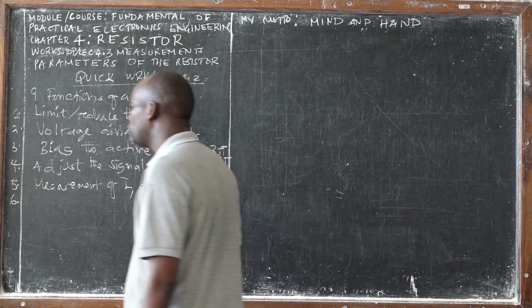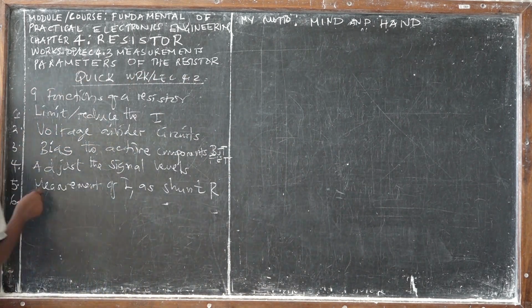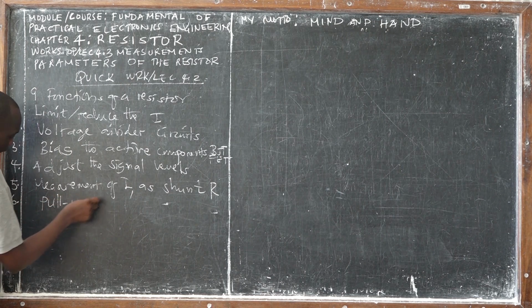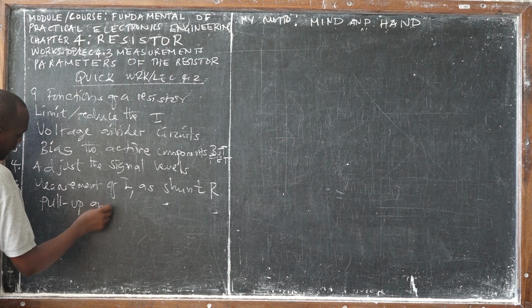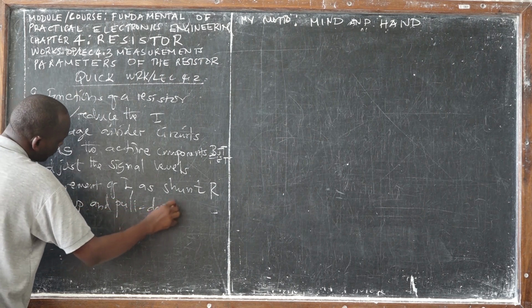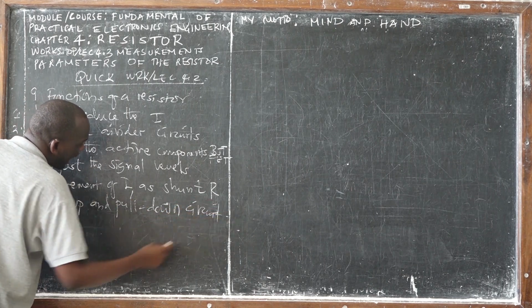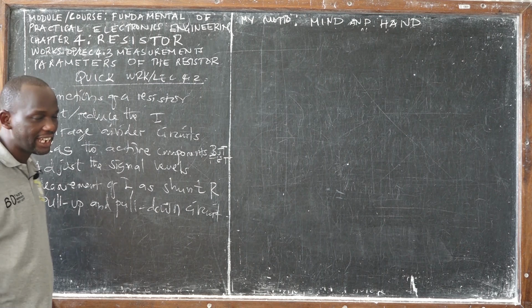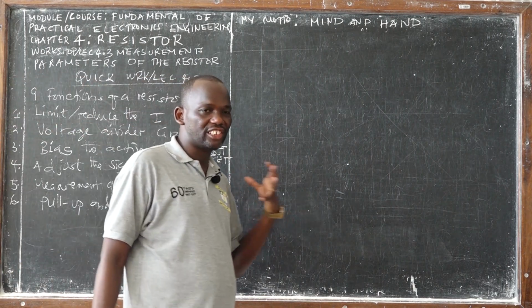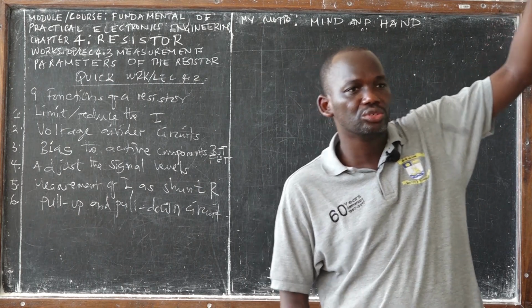The sixth function. A resistor can be used to make a pull up or pull down circuit. And I demonstrated this to you using 2 components, a resistor and the push button, but also you have a DC source and ground.